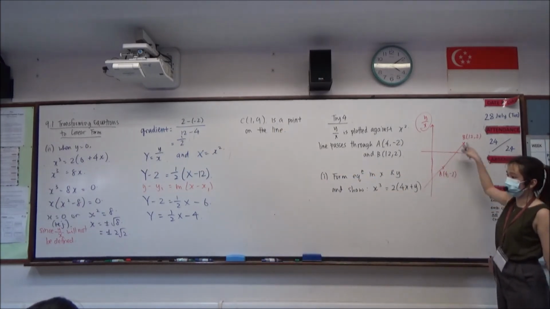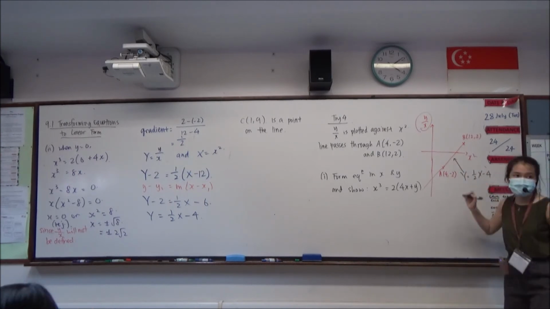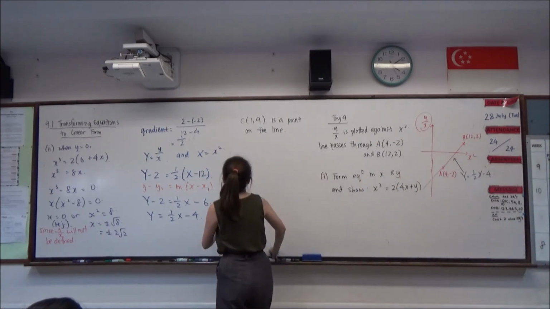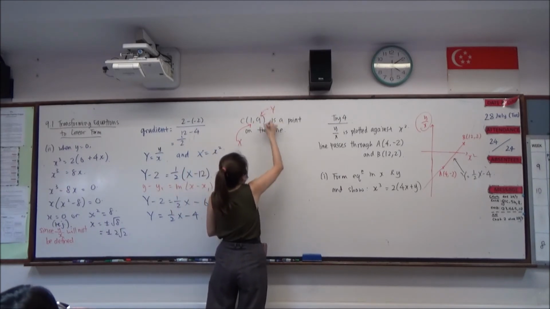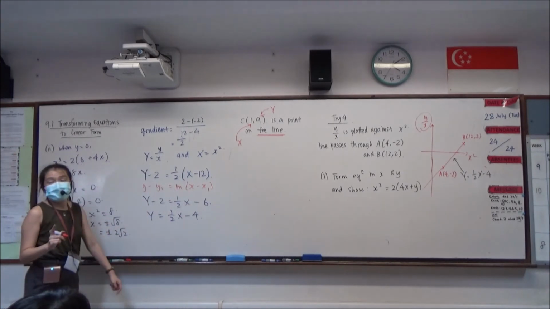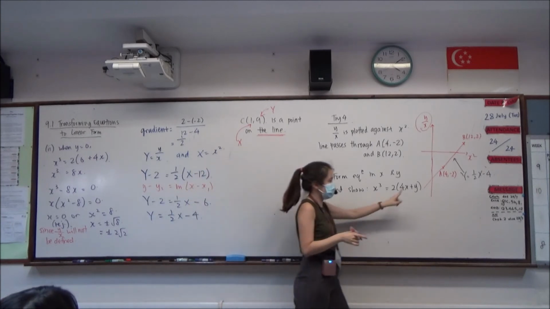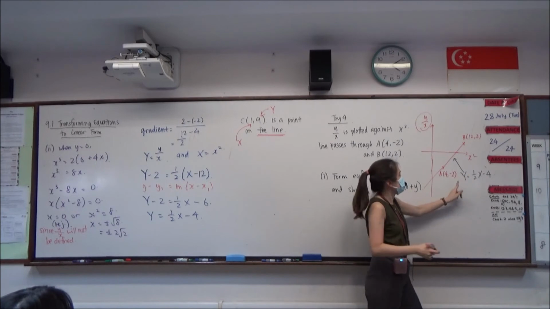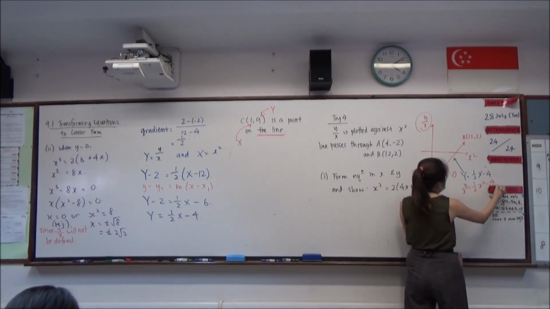This line has the equation big Y equals half big X minus 4. Here we need to be very careful, because the points we are given refer to the line, and the line is this equation, where we're talking about big Y and big X. Meaning to say, big Y is y over x, equals half x squared minus 4.